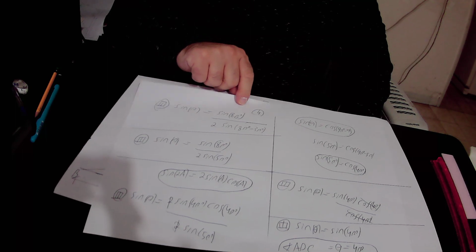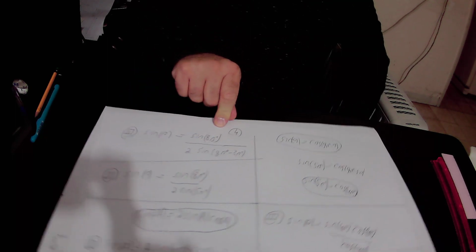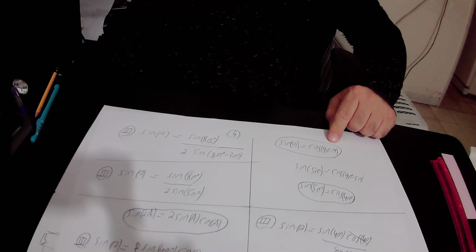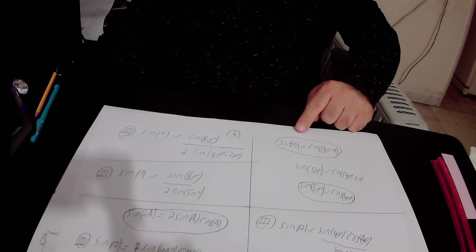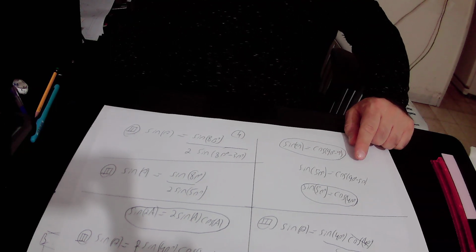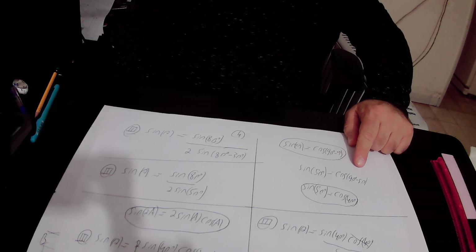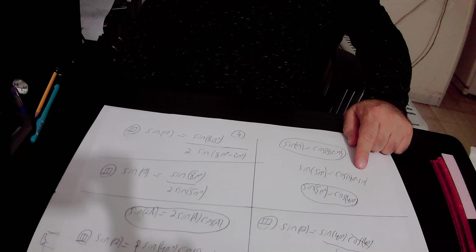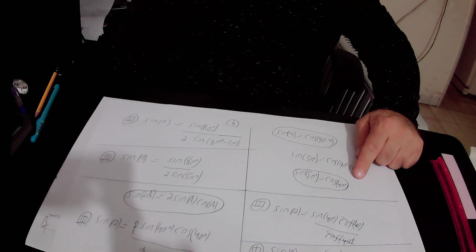We actually use the trigonometric identity that sine alpha equals cosine 90 degrees minus alpha. According to this trigonometric identity, we will get that sine 50 degrees equals cosine 90 degrees minus 50 degrees. 90 degrees minus 50 degrees is 40 degrees. So we actually got that sine 50 degrees equals cosine 40 degrees.